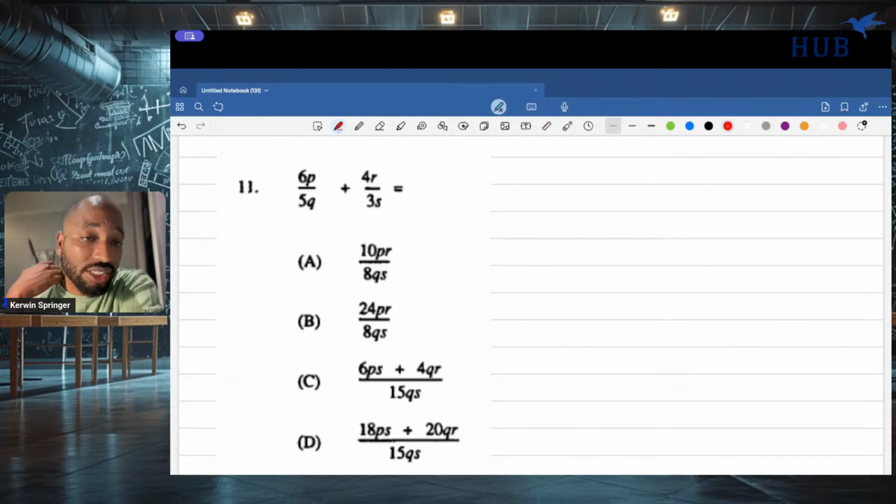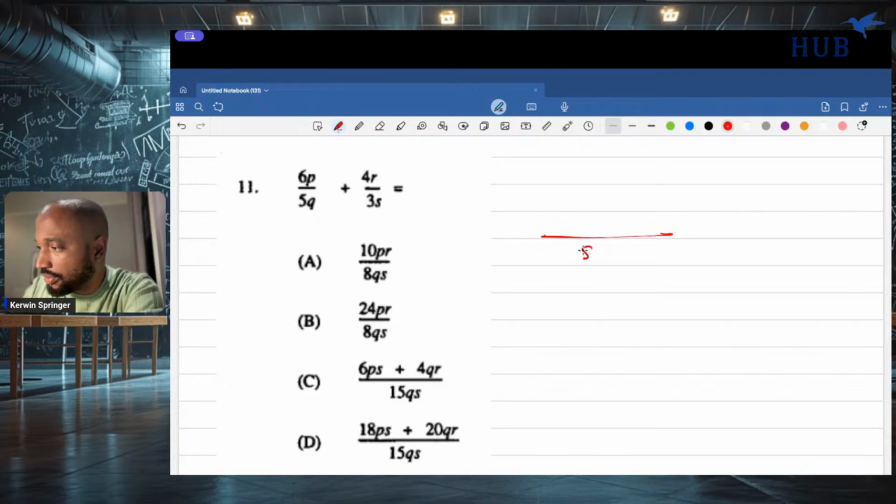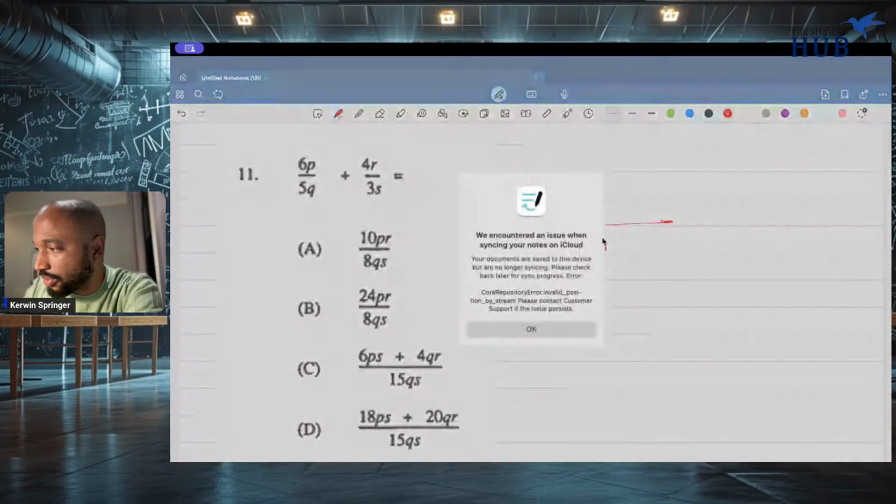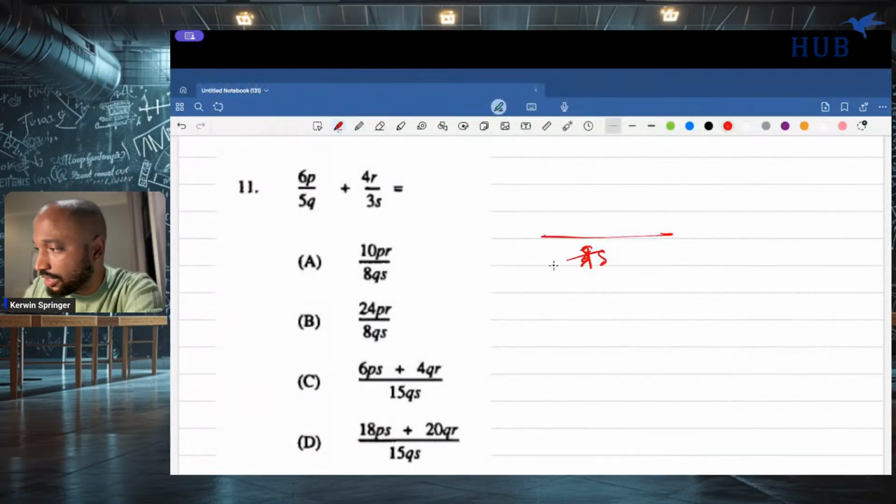Yes, yesterday I said 165, but then I had to add up the 13.75. Just go back and check and make sure I added that. 6P, 5Q, 4R, 3S. So 15 QS is what we're looking at as the LCM here. 5Q into this is 3S.